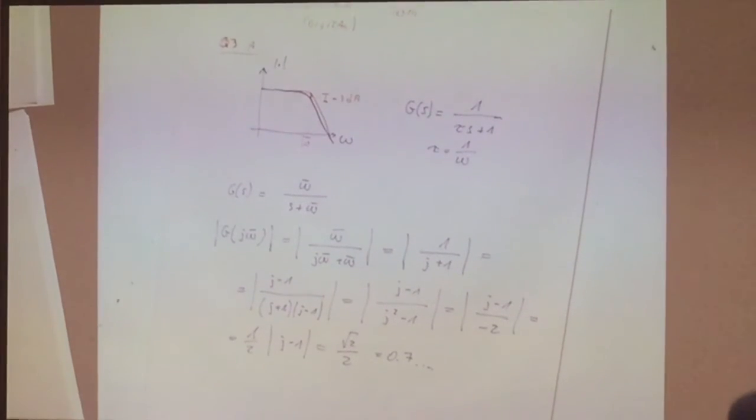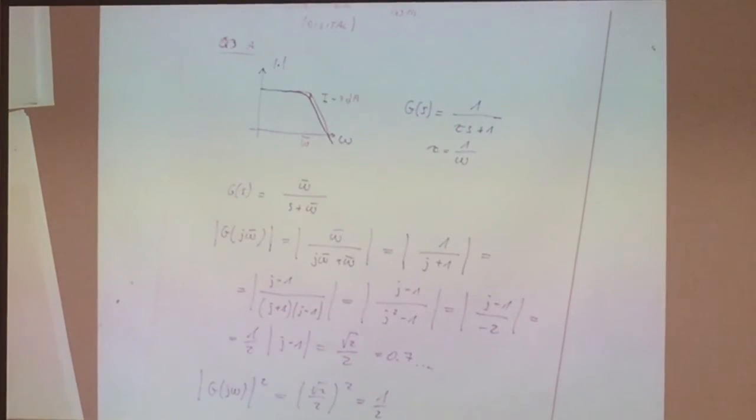And that's exactly what we wanted. If you compute it, sorry, not the magnitude, but the magnitude squared, because that's the power. So the magnitude squared is square root of 2 over 2 squared, which is 1/2.